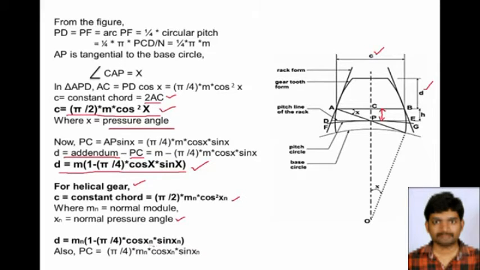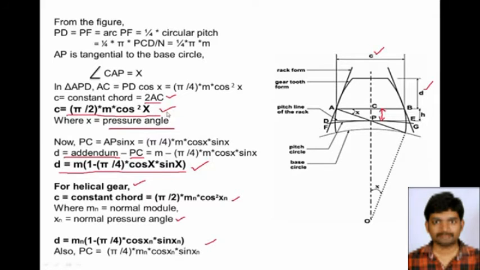Okay. Now we have to fix the value of D in the vernier caliper, and then we can measure the value of C, that means the constant chord, and compare the measured value with the theoretical value to find the error.